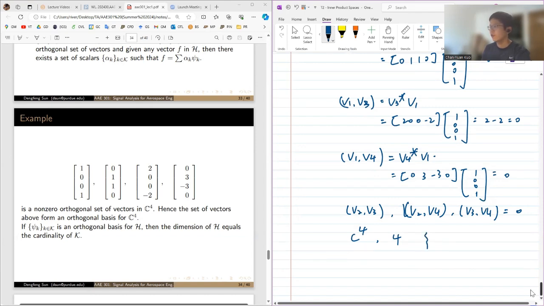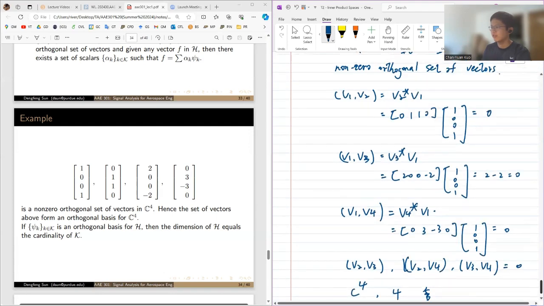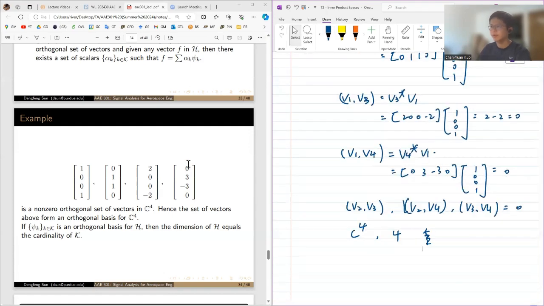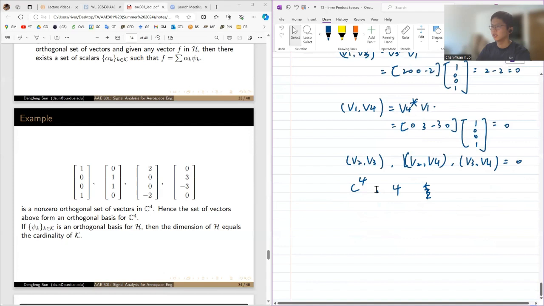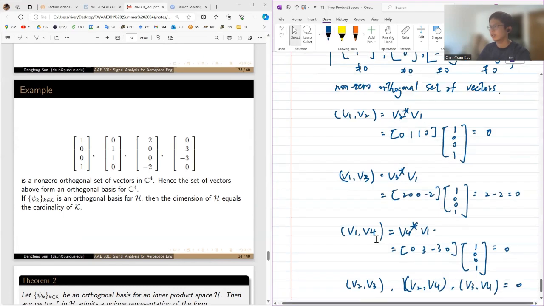Here we have 4 vectors in this set, so the cardinality of this set is 4, and that's exactly the dimension of C4. Essentially, that means that any vector in C4 can be obtained by a linear combination of these 4 vectors.